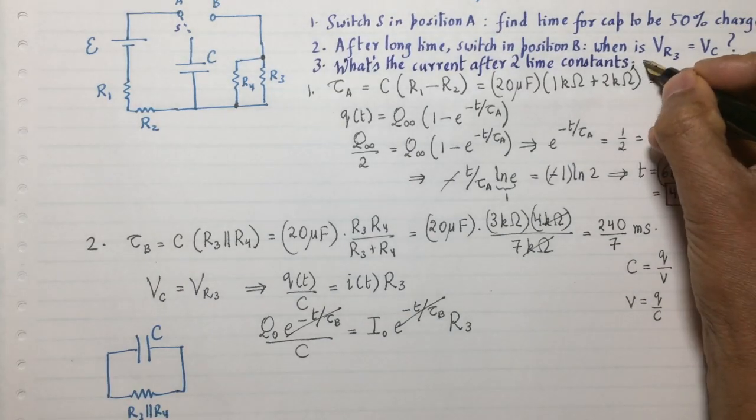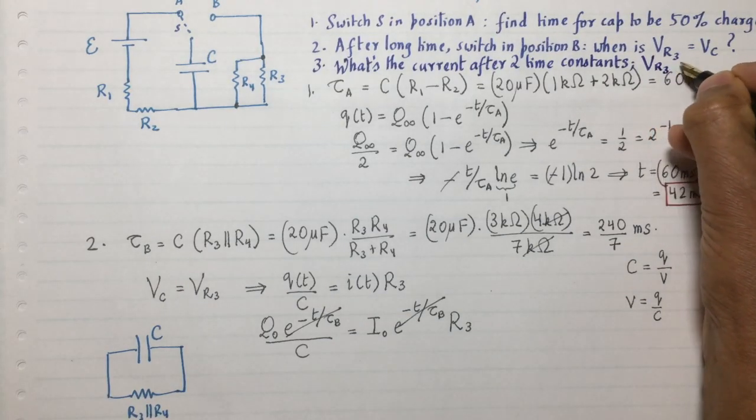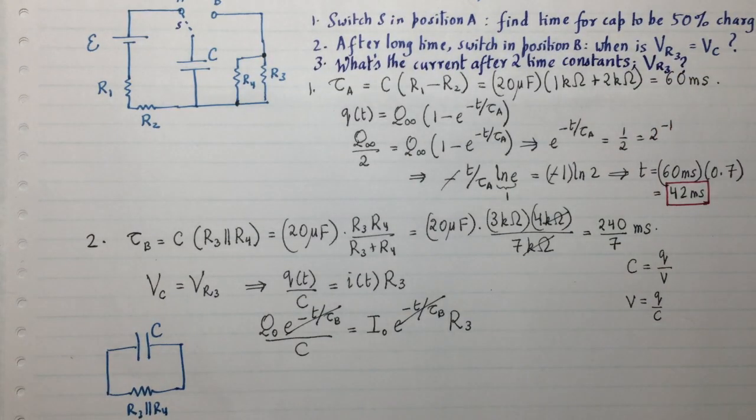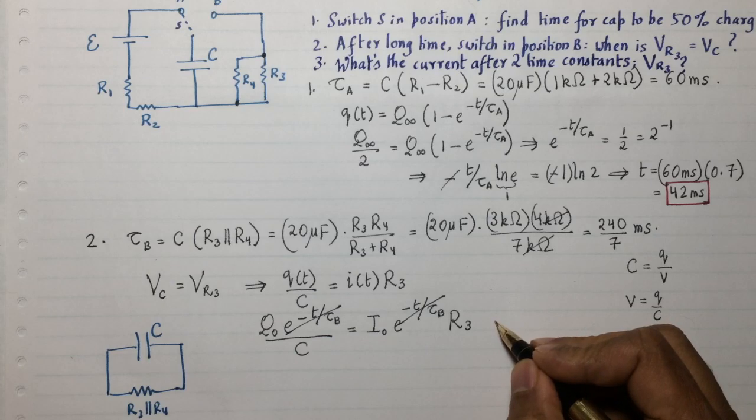And also what's the voltage across R3 after two time constants? So let's make the problem a little bit more interesting. So part 3, so this is always valid for all times.